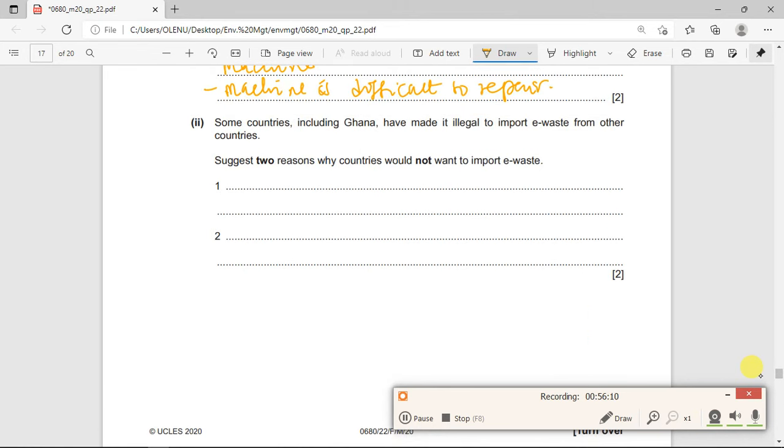Some countries, including Ghana, have made it illegal to import e-waste from other countries. So give two reasons why countries will not want to import e-waste. It's simple because it will increase air and water pollution.